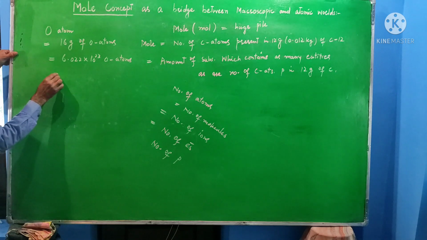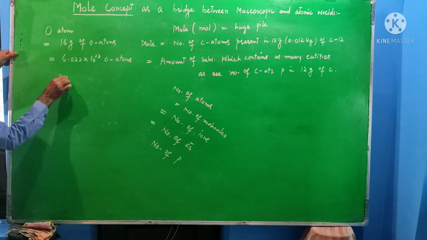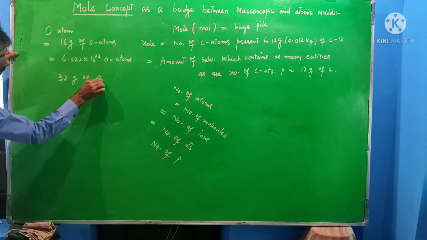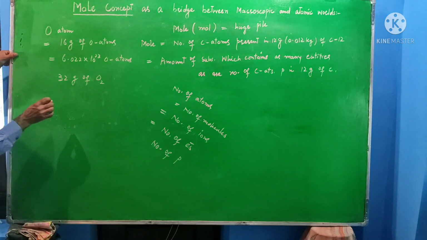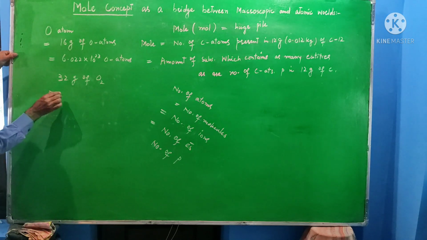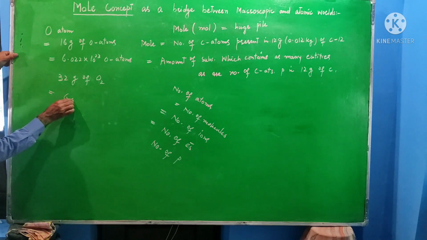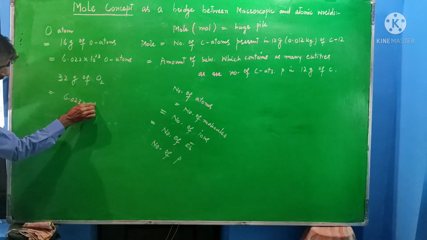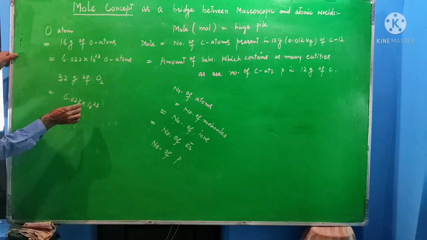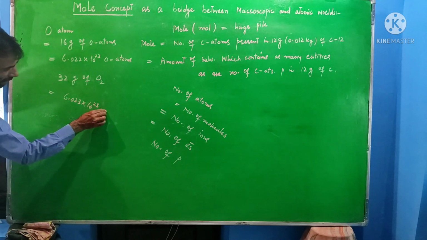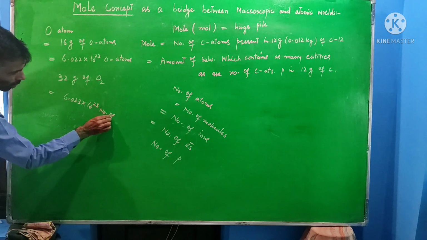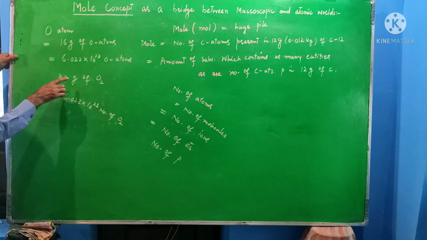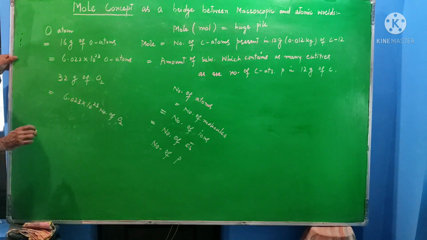Similarly, if I take 32 gram of oxygen molecules, then 6.022 into 10 raised to the power 23 O2 molecules are present in 32 gram of oxygen.